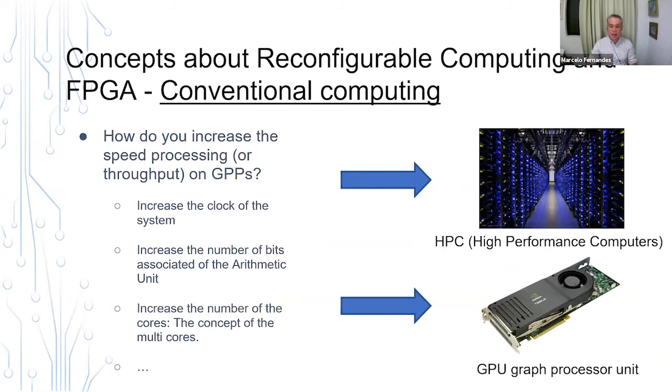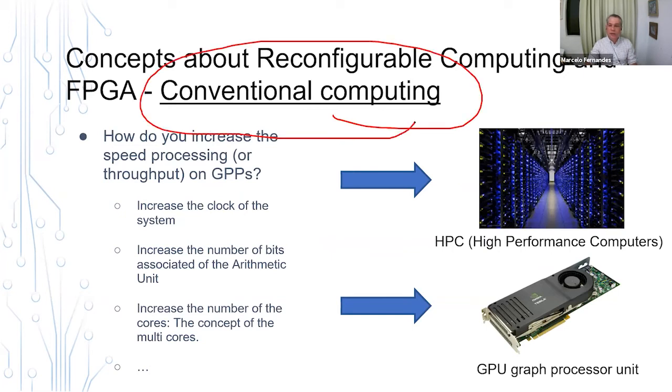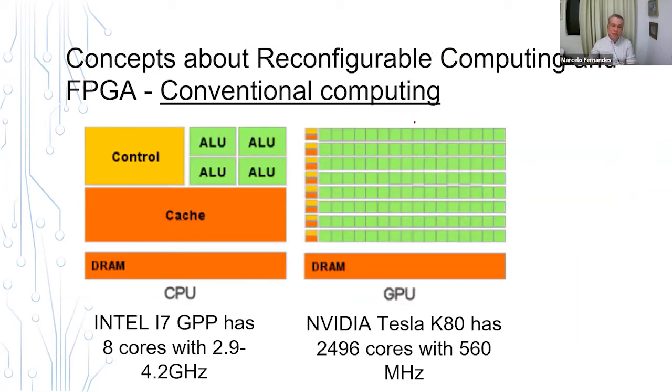These structures, like the high performance computer or GPU, are conventional computing, because normally you have many processors and you need to use them, for example in the CPU or GPU.